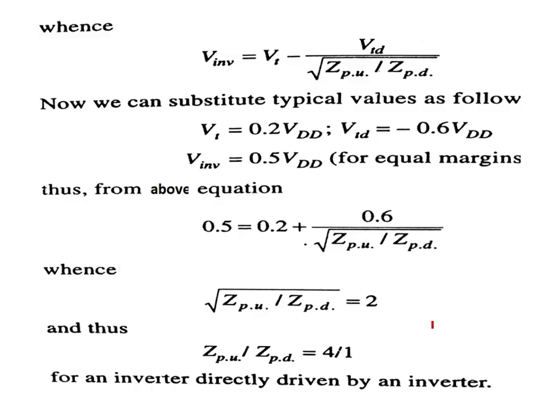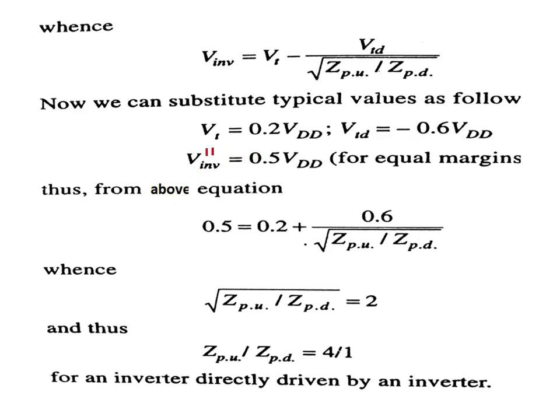Okay, and after that, if you substitute typical values, VT is equal to 0.2 VDD, that is the threshold voltage of the enhancement mode MOSFET. VTD, the threshold voltage of the depletion mode MOSFET, is minus 0.6 VDD. For a depletion mode MOSFET, it is a negative value.